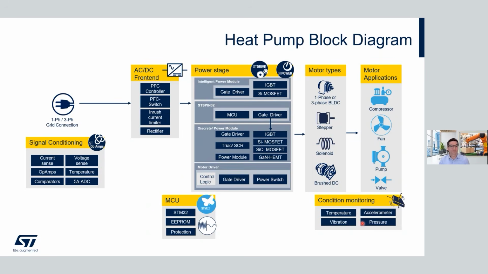Also, in order to understand how the condition of the application or the environment or the process is, we need to sense different kinds of signals, which can be used for the regulation of the system.